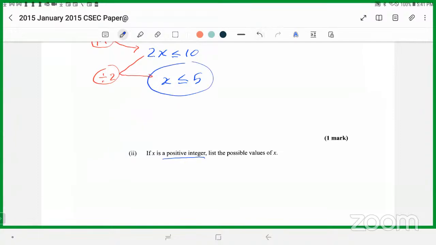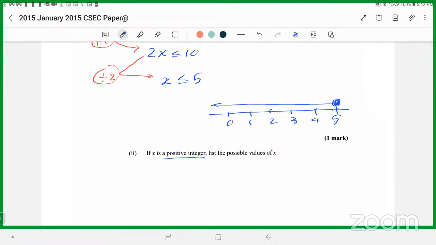So if we're to show this on a number line, just to help us, then 0, 1, 2, 3, 4, 5 is our critical value. We put a circle on the 5 and we would shade it. Why? Because the equal sign is there on the inequality, meaning that we're including the 5. Then you want values to the left.